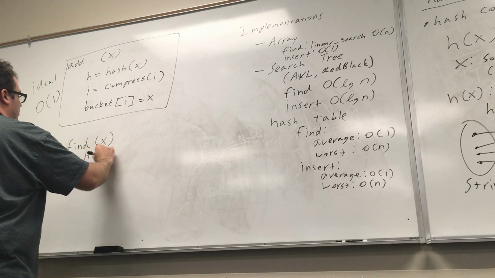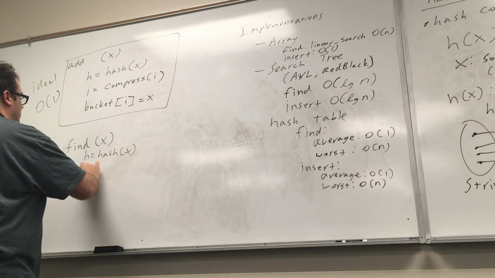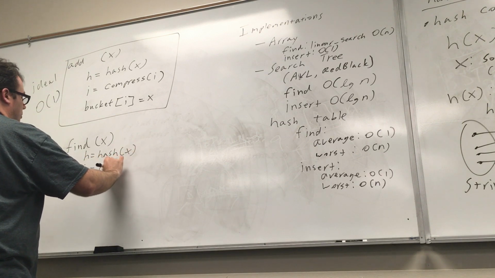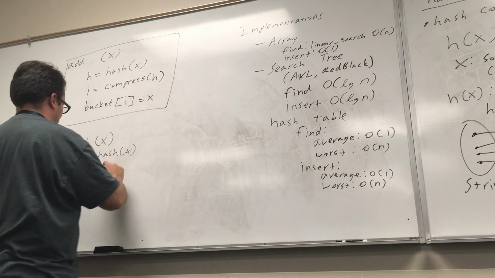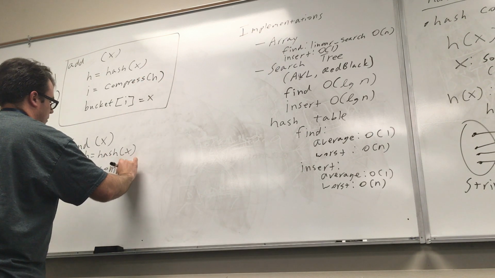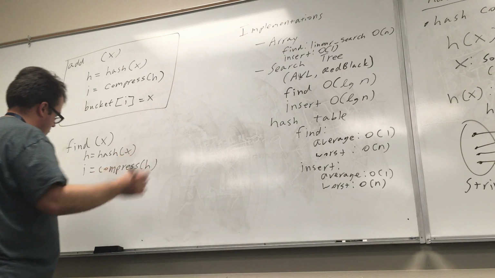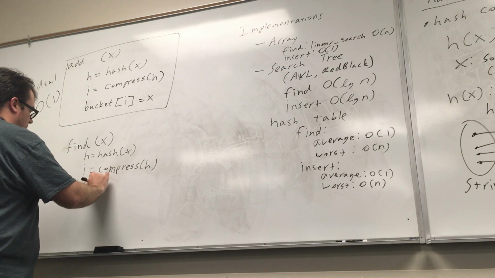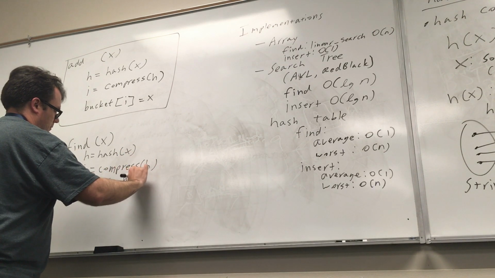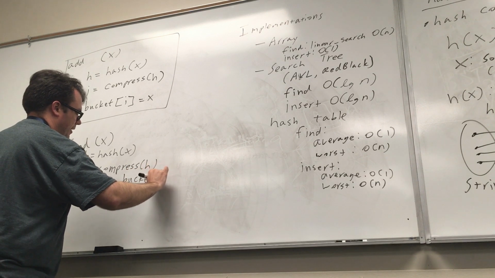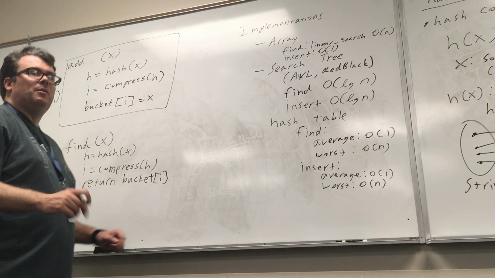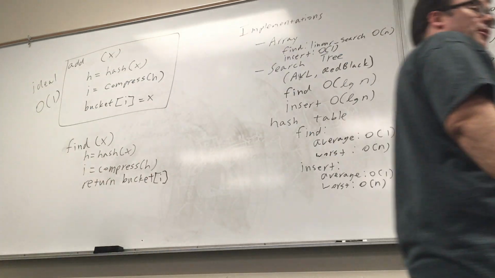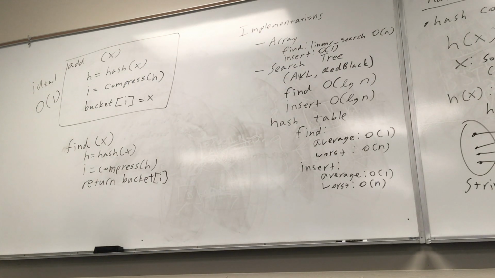We would just say h equals hash x, i equals compress h, sorry, and then return buckets of i. Now maybe returning the item from the bucket, maybe the bucket can tell me if the item is there or not. And if the item is there, then we've just returned it in constant time. And if it's not there, we've returned the data structure that will tell us it's not there in constant time.